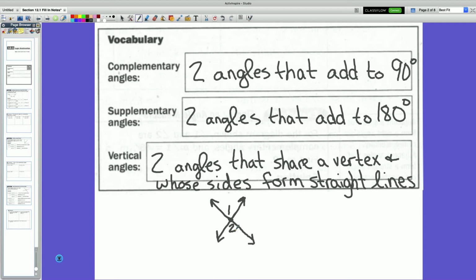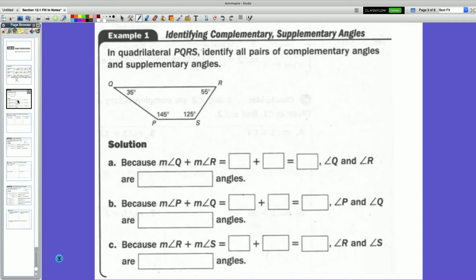All right, let's go ahead and try one here. In quadrilateral PQRS, identify all pairs of complementary angles and supplementary angles. What we're going to do is pair them up and see what they add up to. Here it says Q and R. So we're going to add those two together.